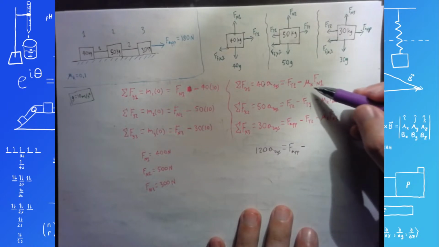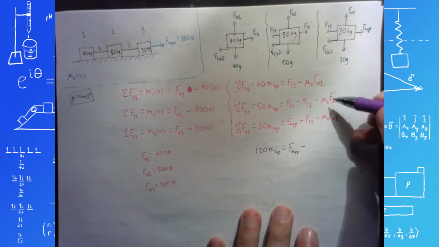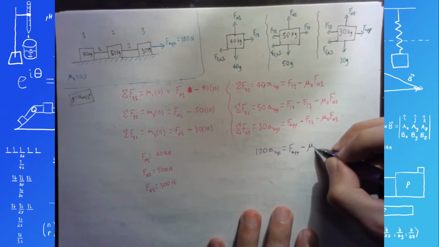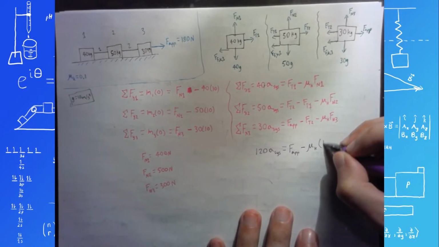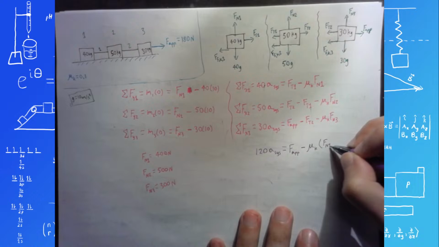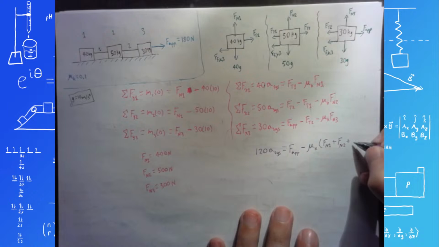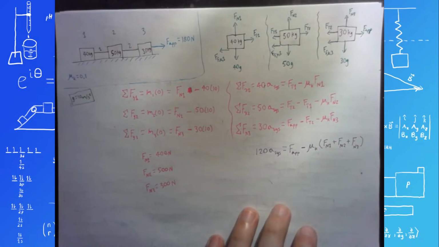Minus coefficient of friction times normal 1, and same thing times normal 2, and same times normal 3. I can factor out the coefficient of kinetic friction and just do normal force 1 plus 2 plus 3. Do I need to do it this way? No, but factoring it out helps you see the big picture.